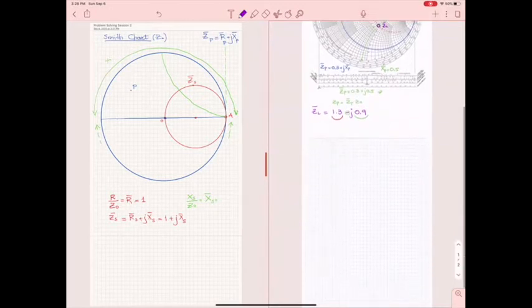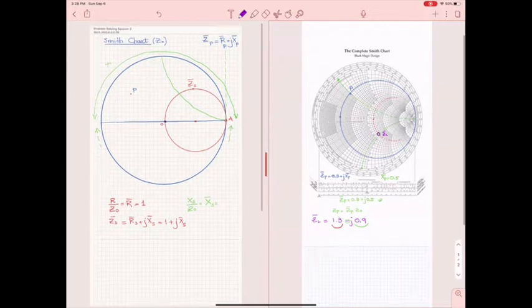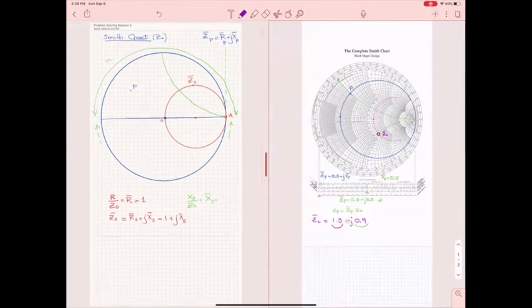I can erase those things since I'm not going to have those available, so you guys take screenshots because I don't have as many Smith charts. I will erase that and then rewrite and go to the next step.